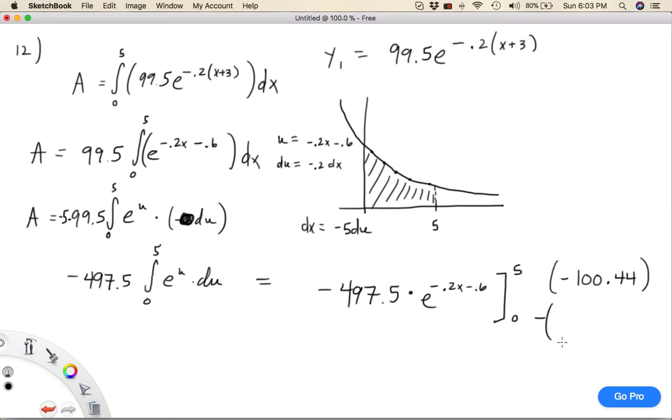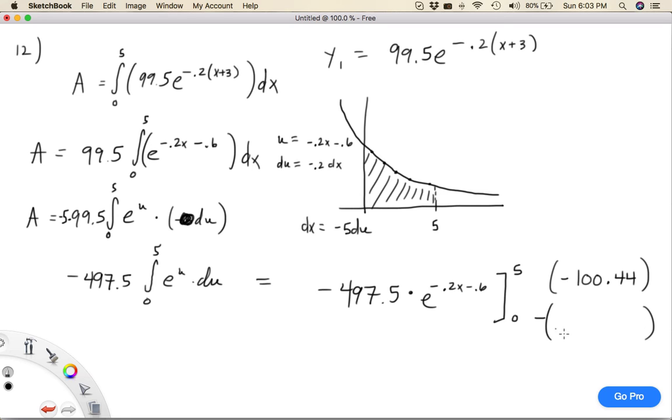And that's going to be minus, what happens if we plug in 0? So negative 497.5 times e to the negative 0 minus 0.6. So that's really just e to the negative 0.6, because that other piece is 0.